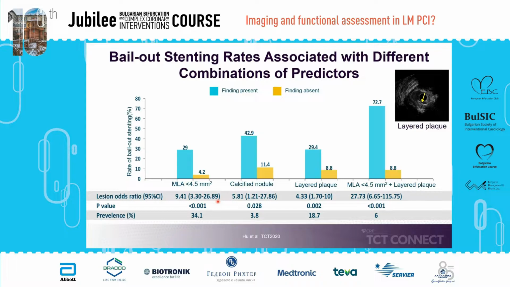What we found as morphological predictors was a lumen area in the circumflex ostium less than 4.5, or the presence of a calcified nodule or layered plaque, indicating recent plaque rupture and organized thrombus, or layered plaque on top of the lipidic plaque. Those correlate with bailout stenting. Understanding this morphology is quite important to decide whether we need a two-stent technique from the beginning.